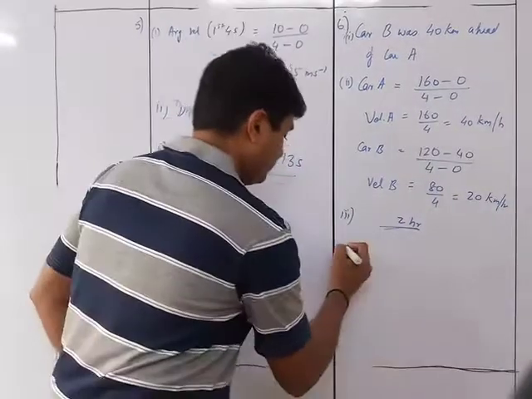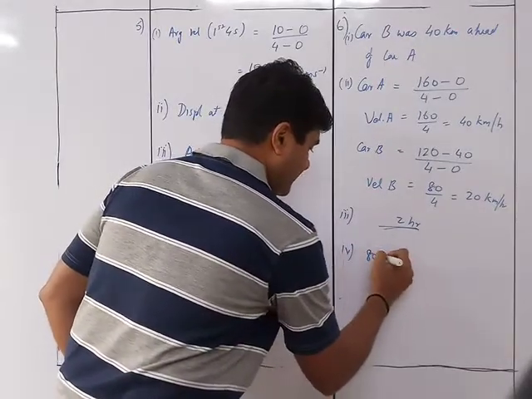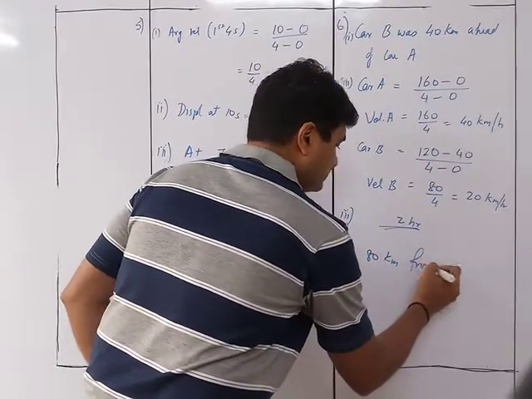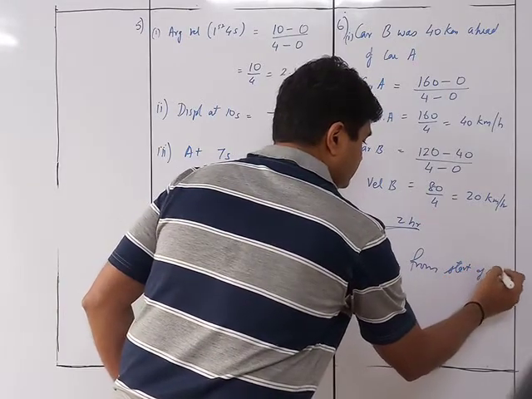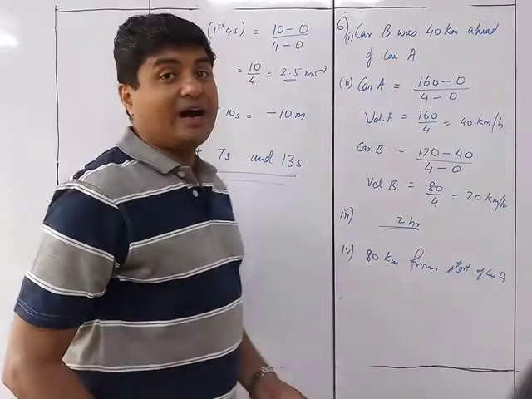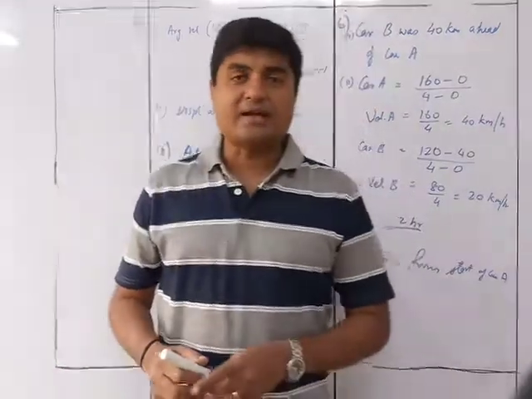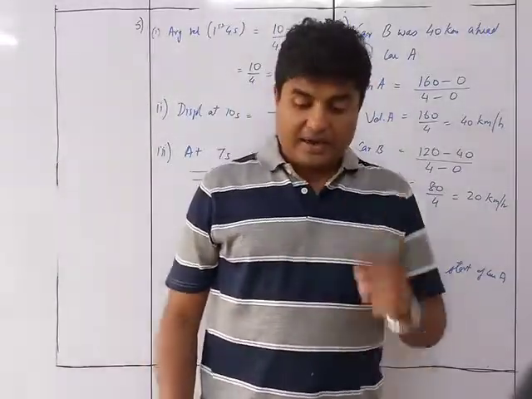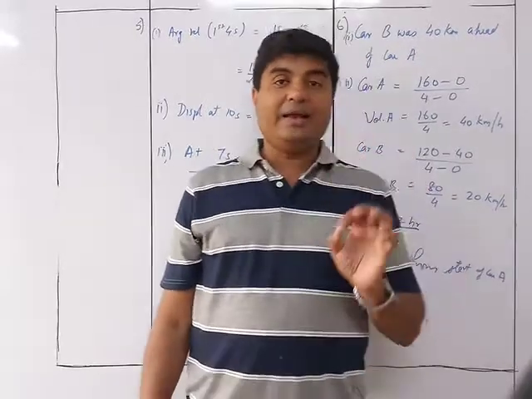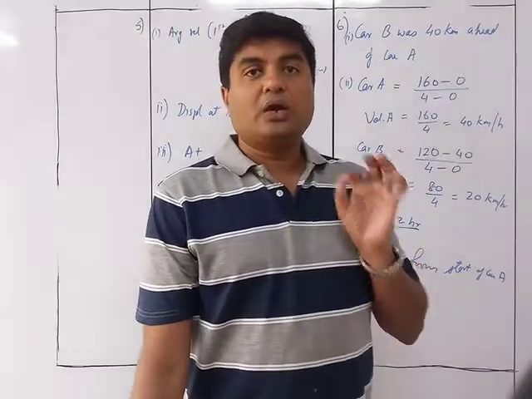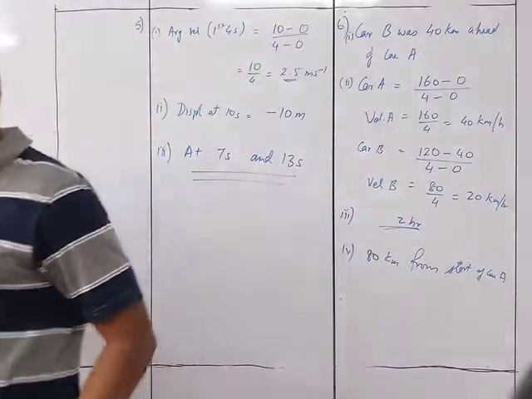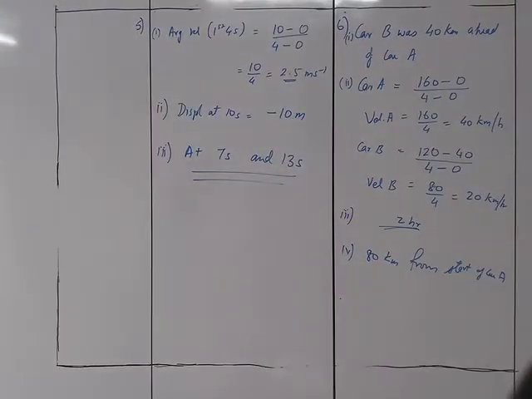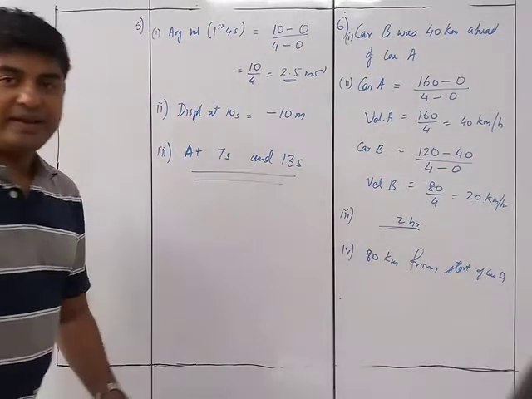So it is 80 kilometers from the start of car A. So when car A started running, from that point at 80 kilometers, car A and car B caught each other. Okay, so that was question number 6. Question number 7 onwards we'll take in the next video.